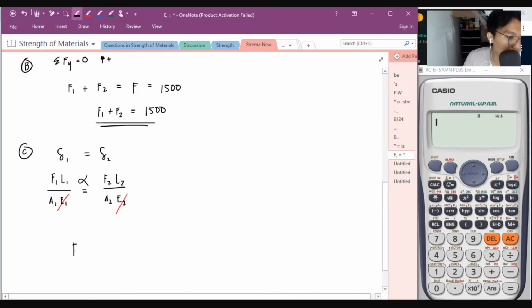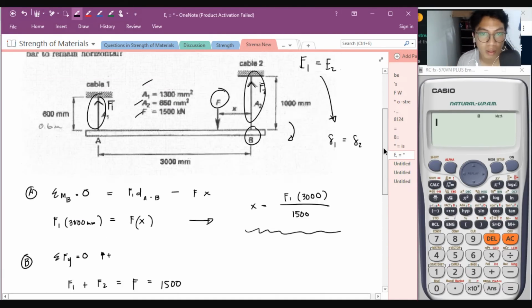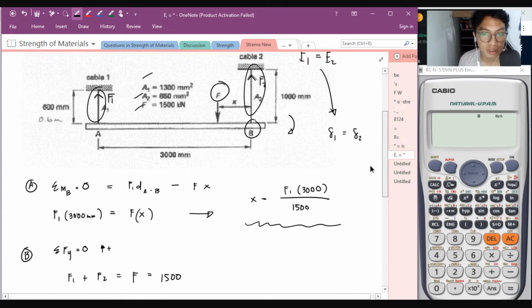So, F1 is equal to F2 L2 A1 over L1 A2. Meron na ba akong F2 dito? Meron na ba akong F1? May L2, may L1 ako.